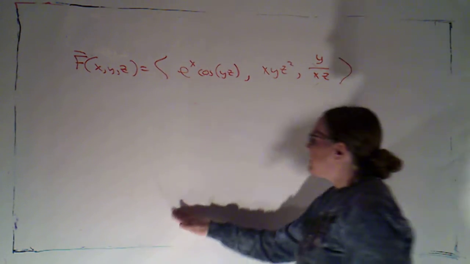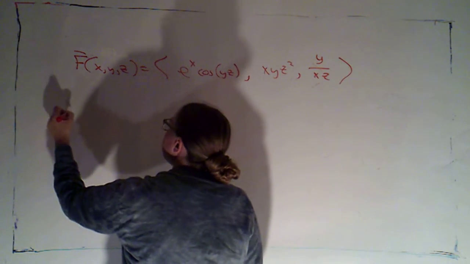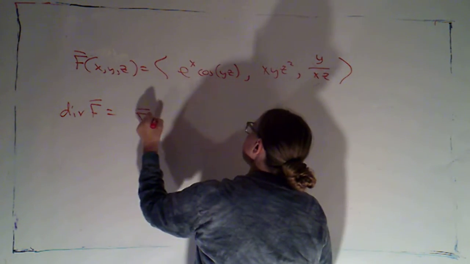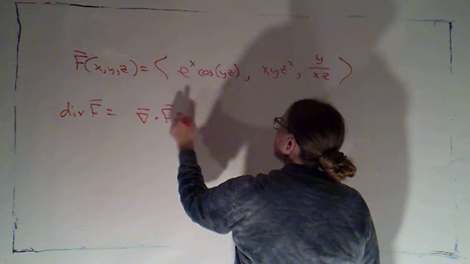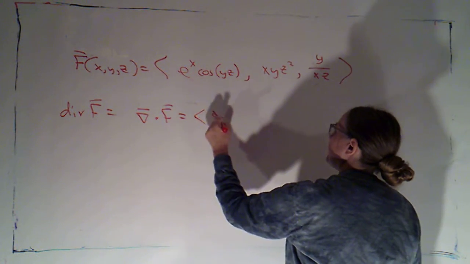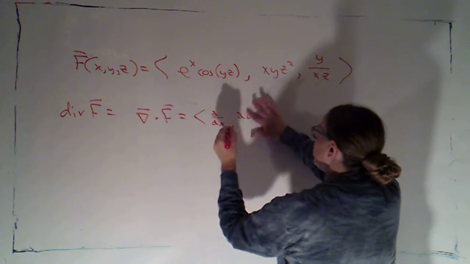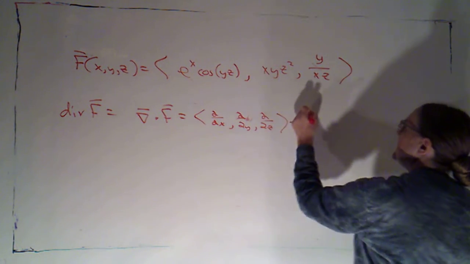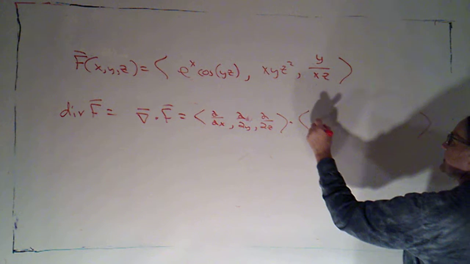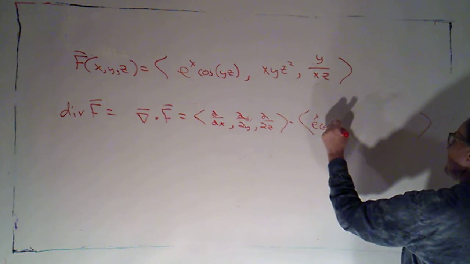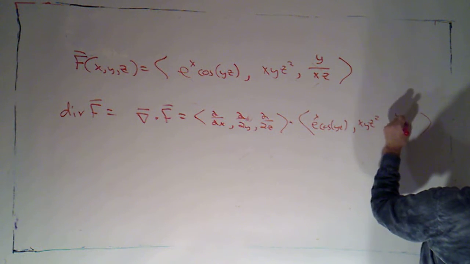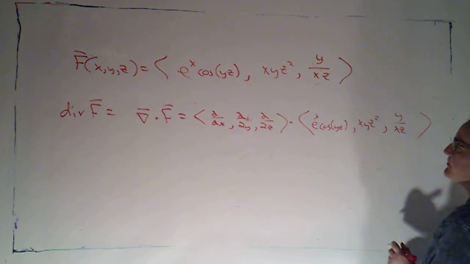Okay, so if I want to take the divergence of f, that's del dotted with f, so I'm taking these operators, the partials with respect to x, y, and z, and applying them to this vector field, e to the x cosine of yz, xyz squared, y over xz.